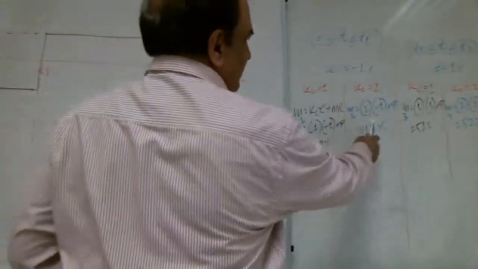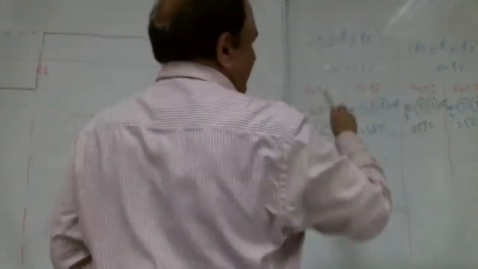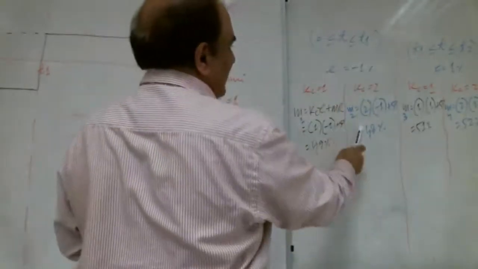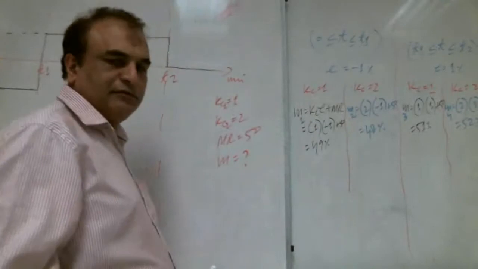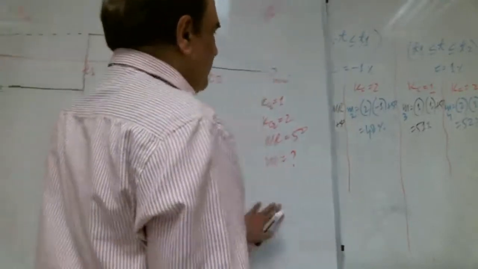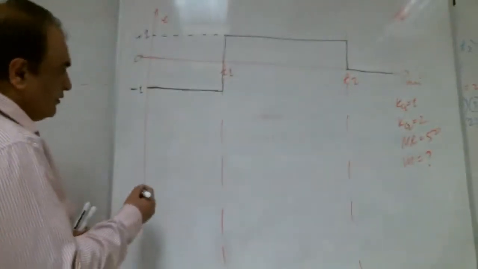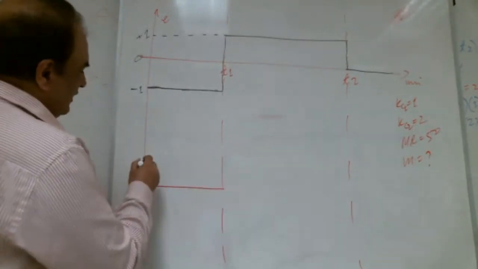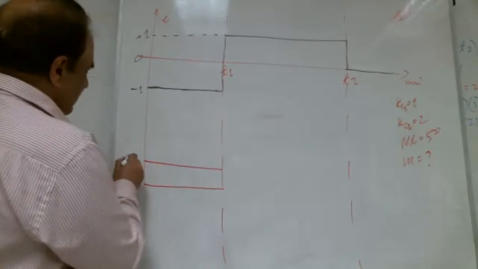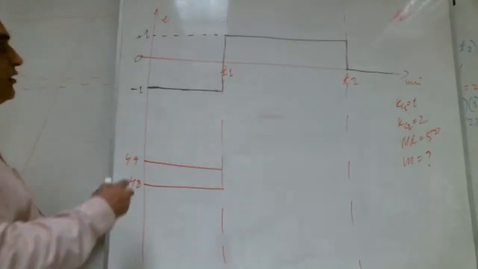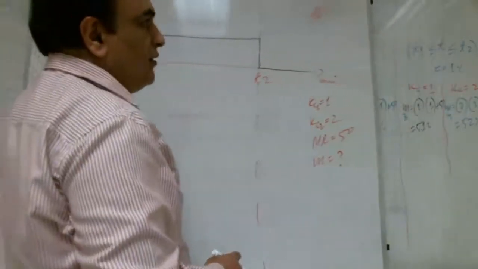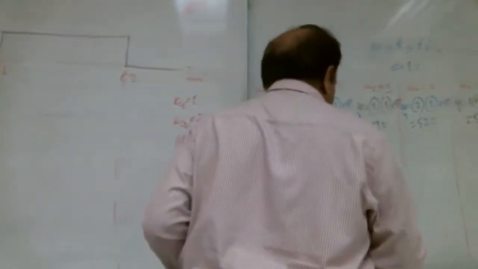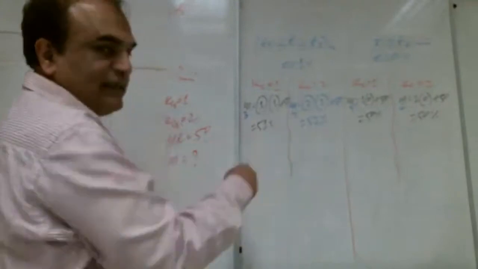These two, M1 and M2, are from 0 to T1: 48 and 49. From T1 to T2, 51 and 52.